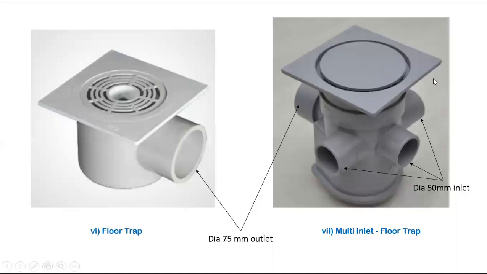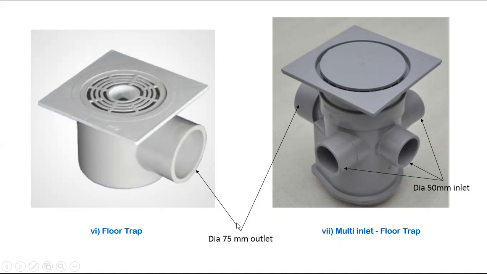Suppose you want to connect a waste pipe from the wash basin or sink, you can connect everything here, from the sink, and also from the washing machine. The washing machine drain you can also connect here. After that, this outlet will go.